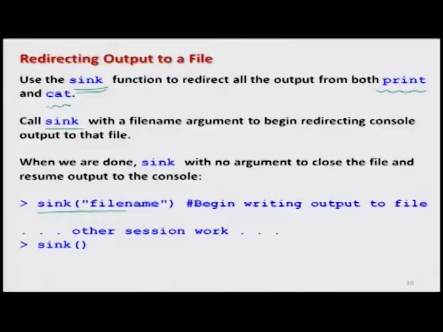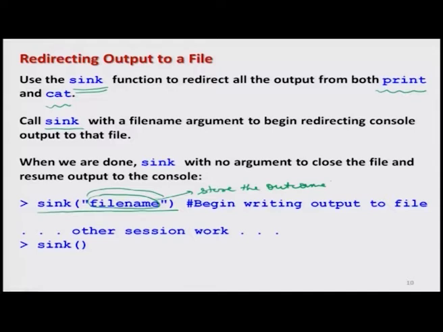In order to do that, we write the command sink, and inside the argument, inside the double quotes, I write the name of the file in which I want to store the outcome. And after that we execute the program.